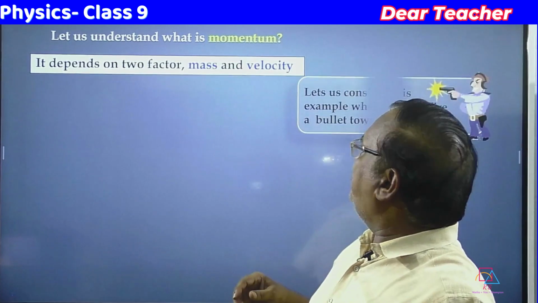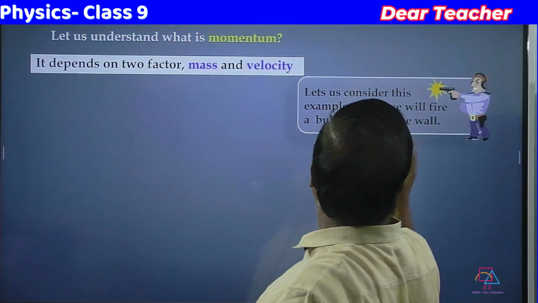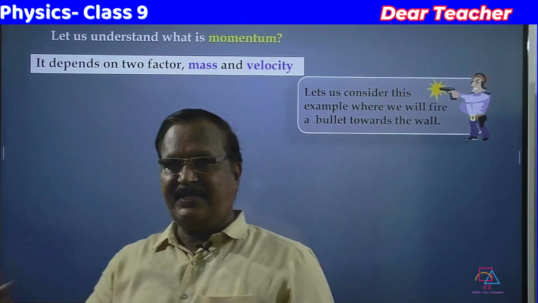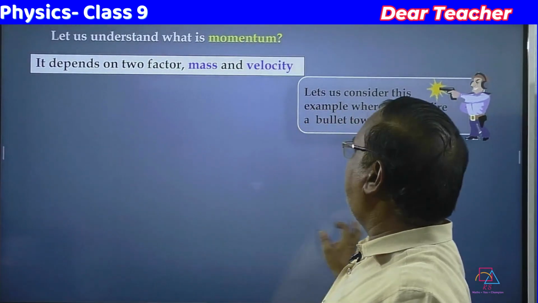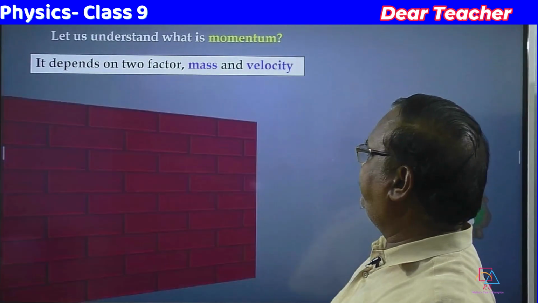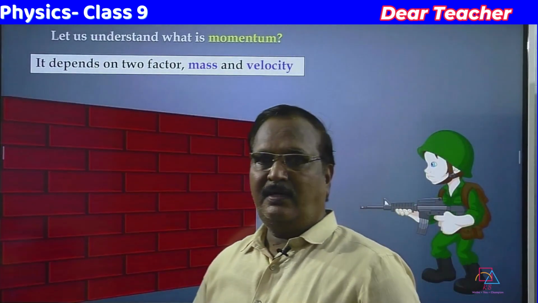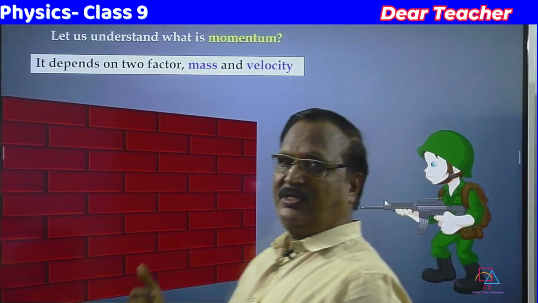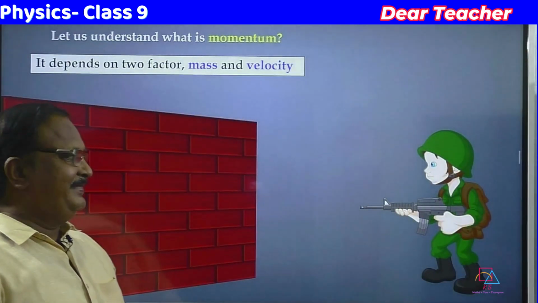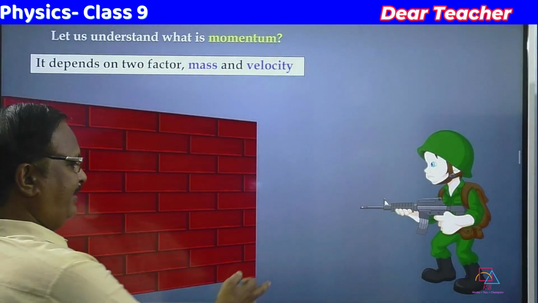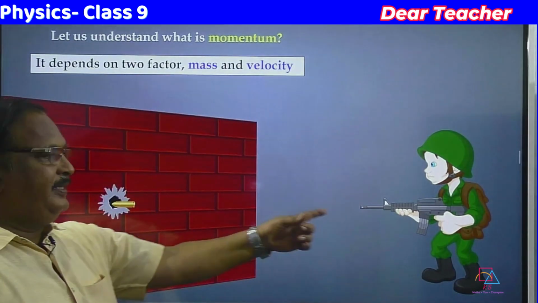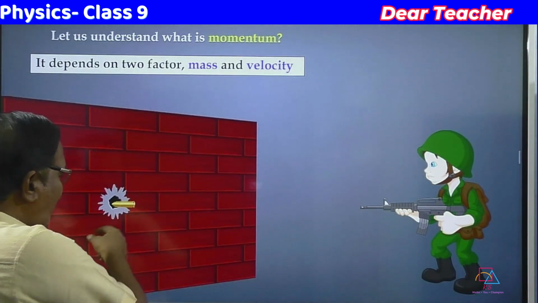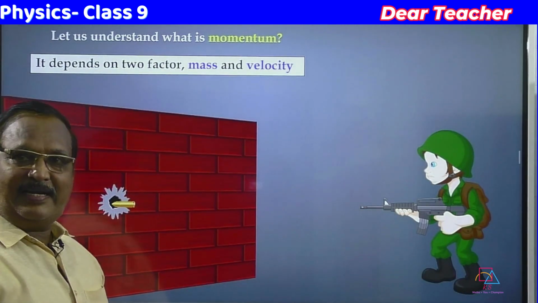So now, an example: firing a bullet towards a wall, right? See, there is a wall and there is a person, and he is firing the bullet into the wall. Let us see from here. Okay, so then what happened? The bullet comes and hits the wall and there is a hole also, right?